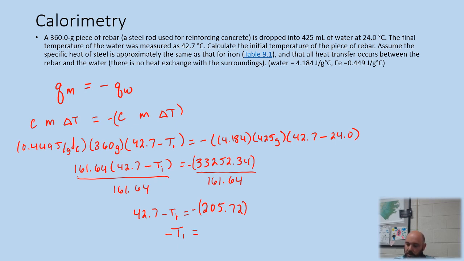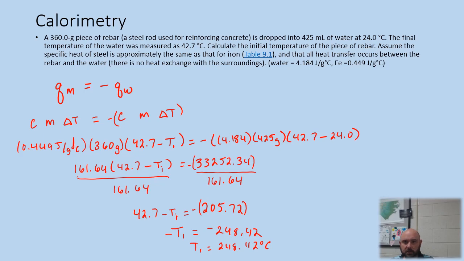I get negative 205.72 minus 42.7, which is negative 248.42. So I subtracted 42.7 from both sides to arrive at negative Ti equals negative 248.42, which means that positive Ti is equal to positive 248.42 degrees Celsius. So the initial temperature of the metal before it was dropped into the water was 248.42 degrees Celsius.